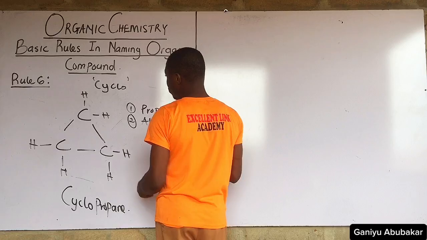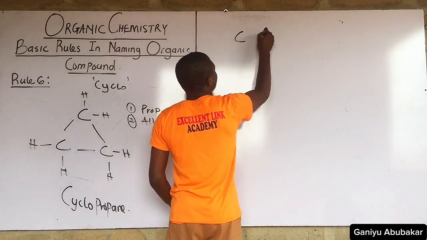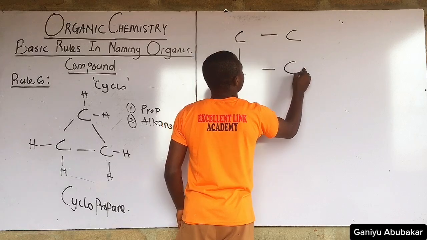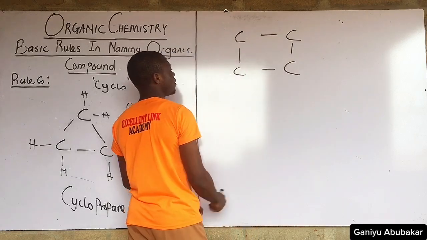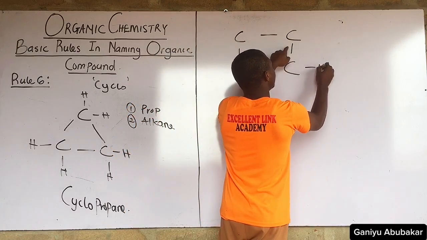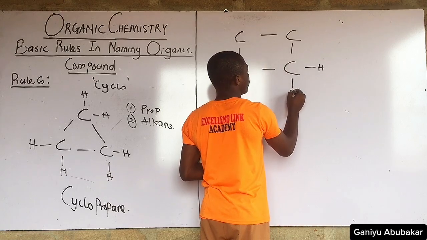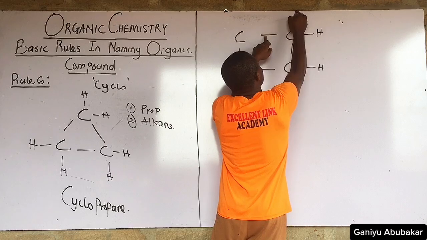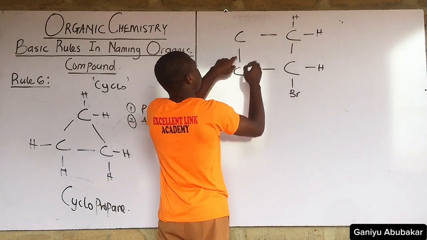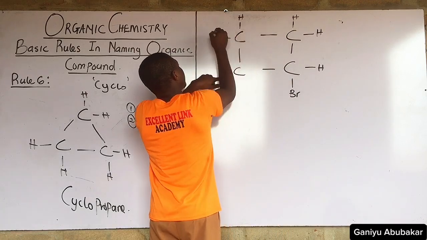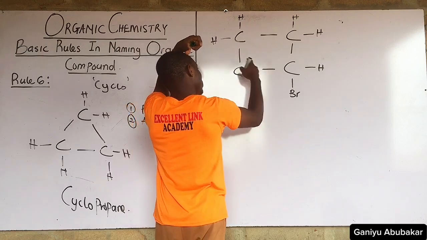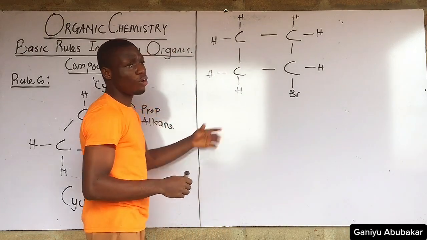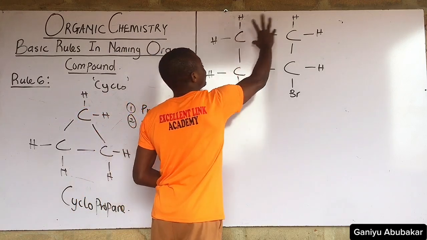Let's say I have example 2. Let's say I have a compound such as this. 1, 2, 3, 4. Let's try to name this compound. Is this in chain form or ring form?